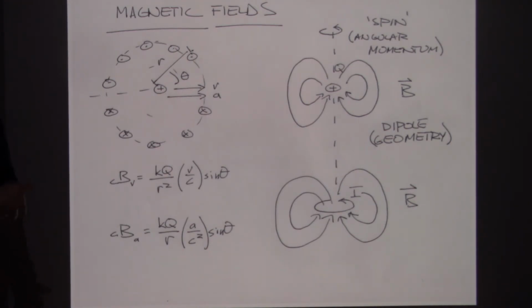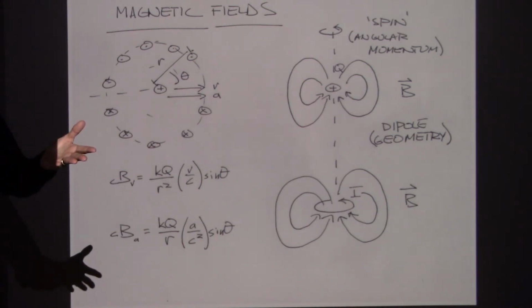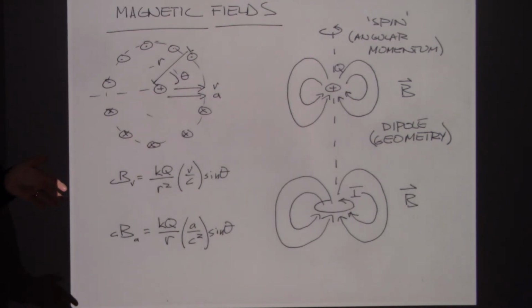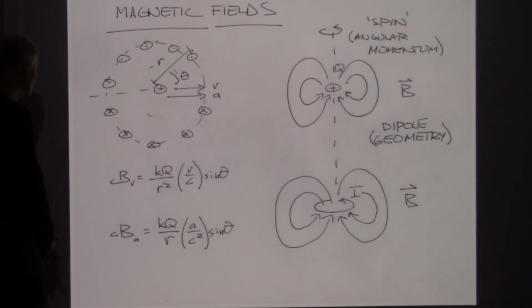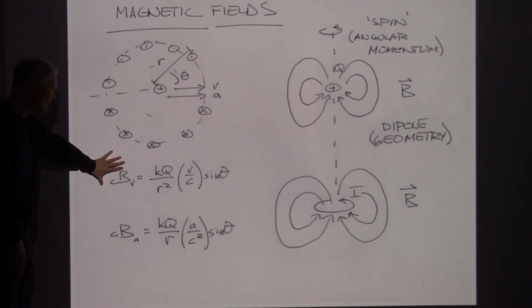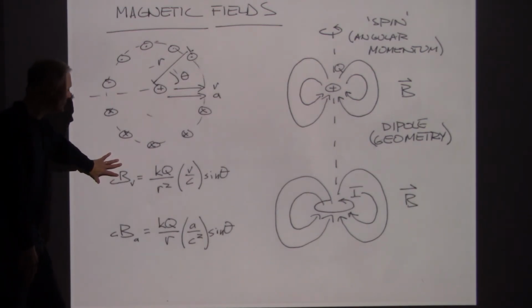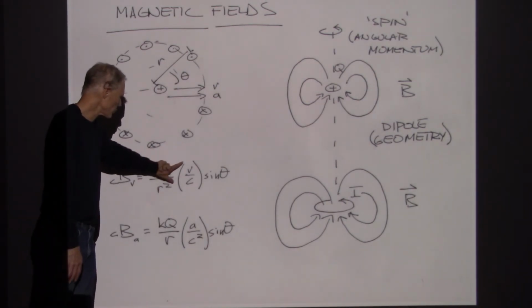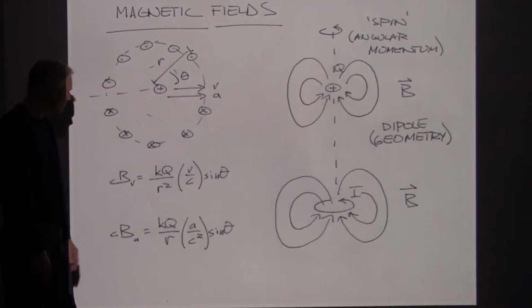And mathematically, this is fairly easy to separate into two contributions. One that depends on, at any instant, how fast the charge is traveling. And the second part, that depends at any instant on the acceleration of the charge. So there are what are called velocity fields, and the velocity field for the magnetic field is kq over r squared v over c sine theta.